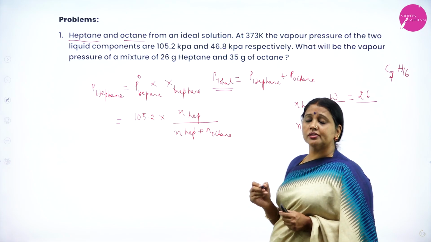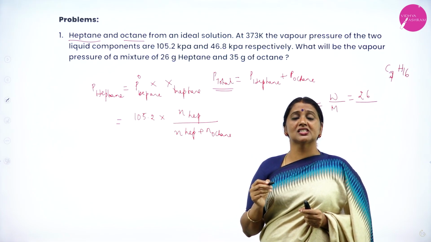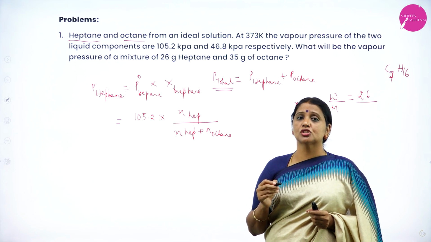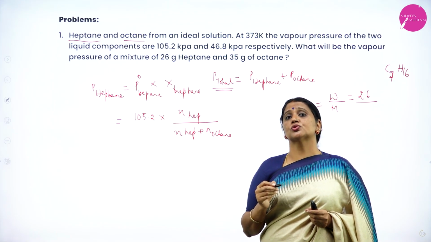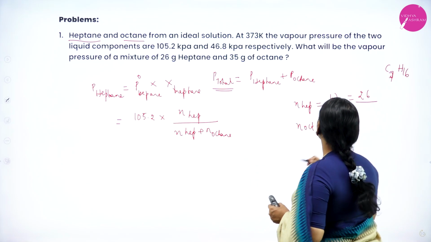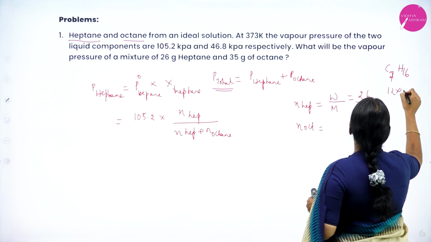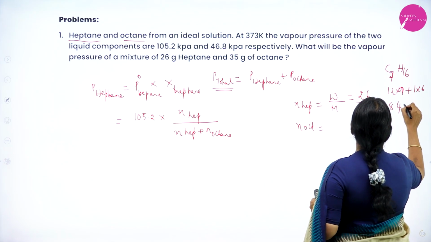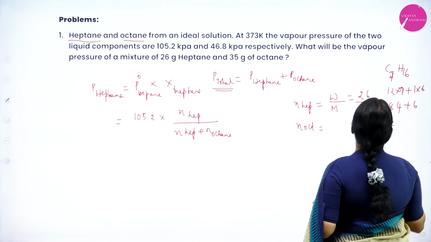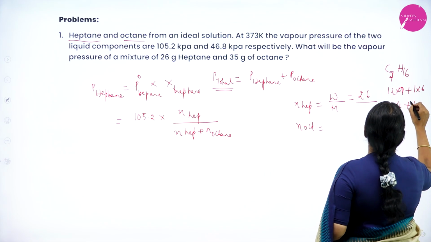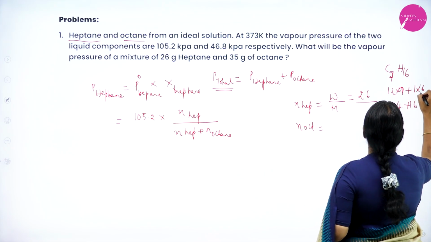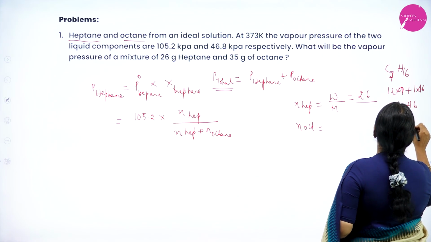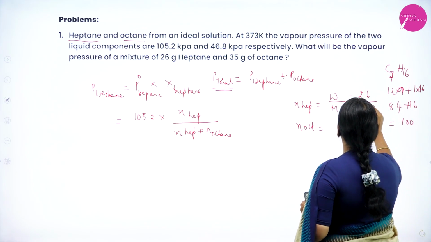As you know, the general formula of an alkane is CnH2n plus 2. So for C7, 7 twos are 14 plus 2, 16. So it is 12 into 7 plus 1 into 16, which is 84 plus 16, equal to 100.